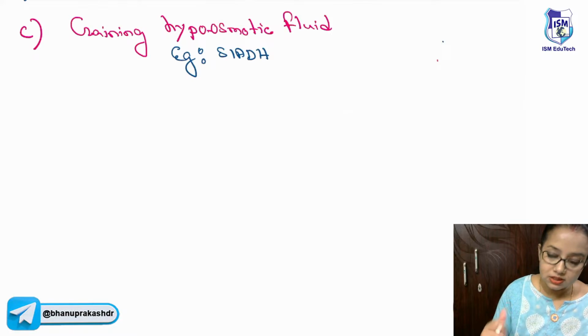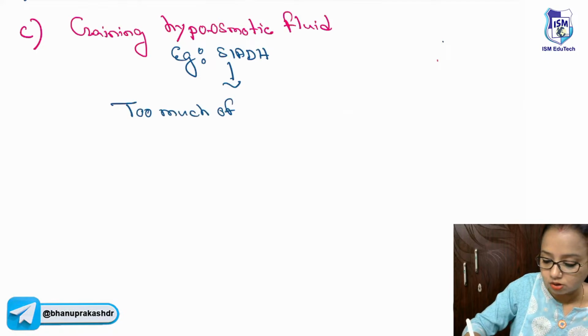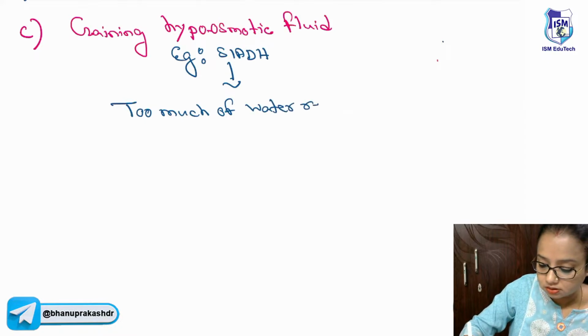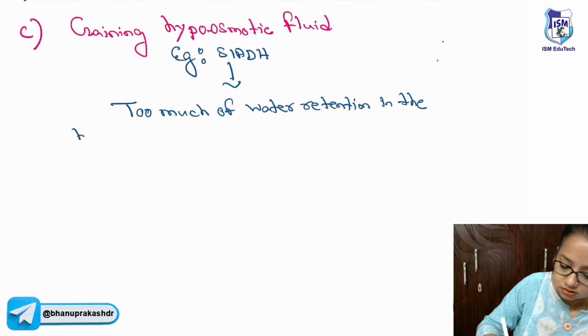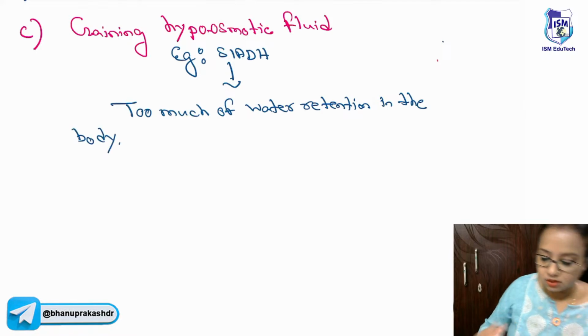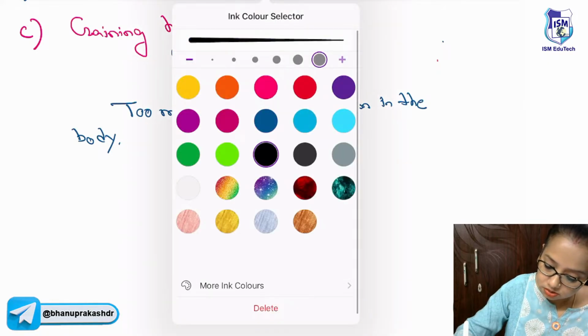So when this happens, there is too much water retention in the body. Okay. So when there is too much water retention in the body, what will happen to the cell?